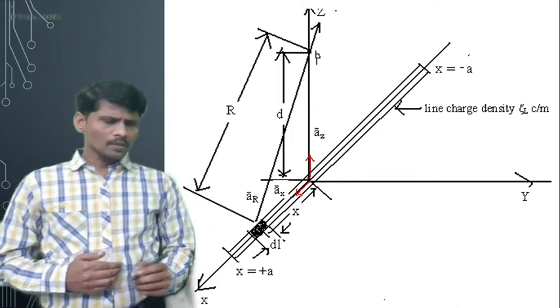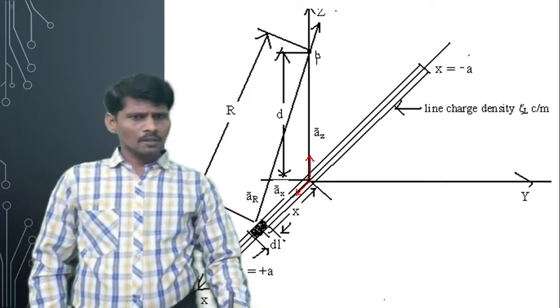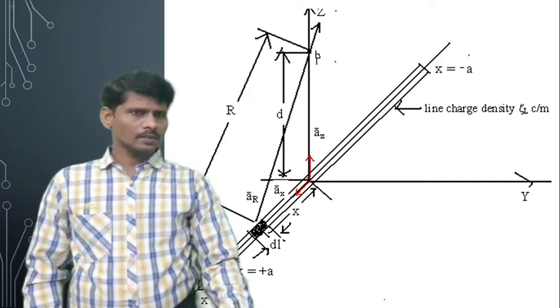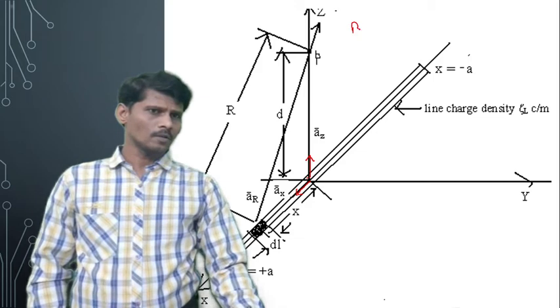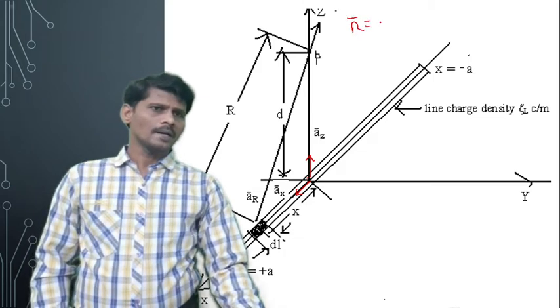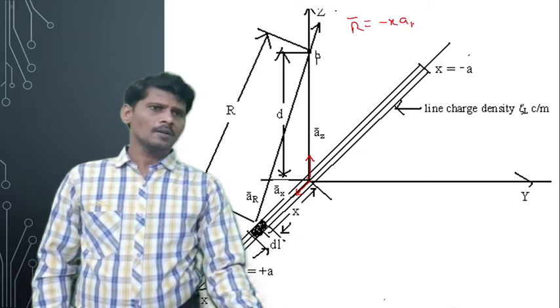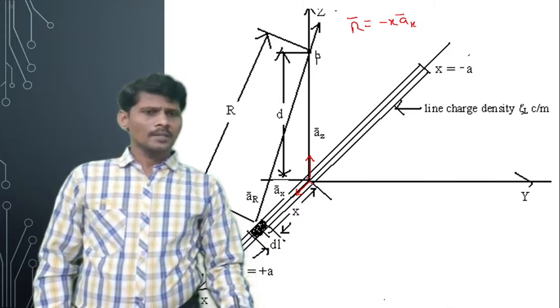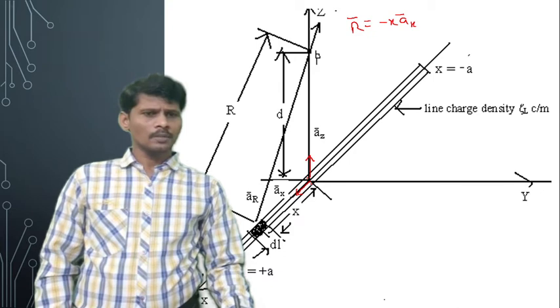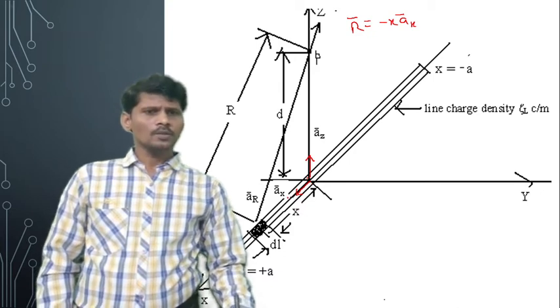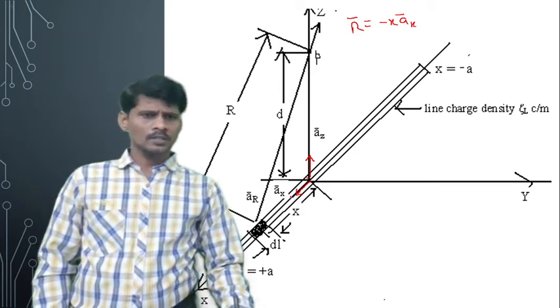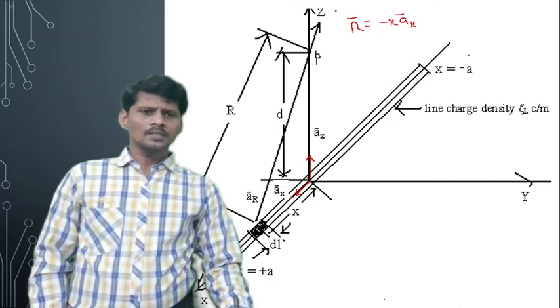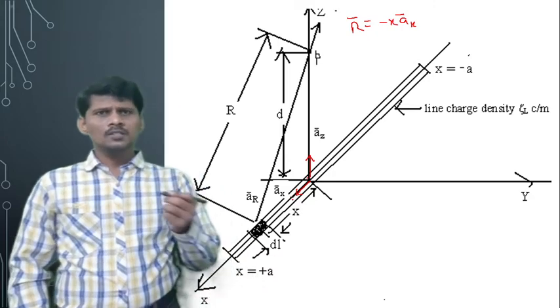So therefore, the distance vector capital R bar is equal, from the figure, to minus x ax bar. What is the x? x is the distance from the origin to the elementary length, so that magnitude into the unit vector along that direction. What is that unit vector? Minus ax bar. Why do we consider minus ax bar here?